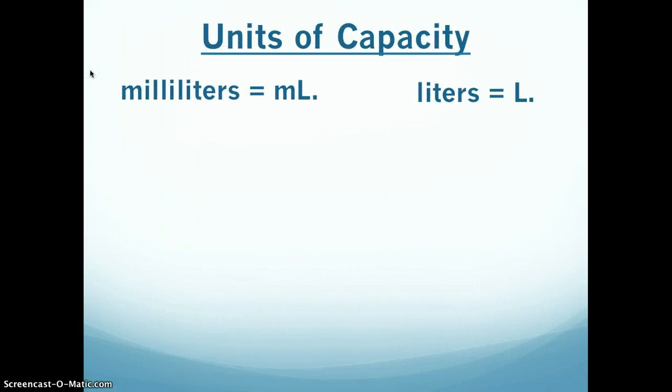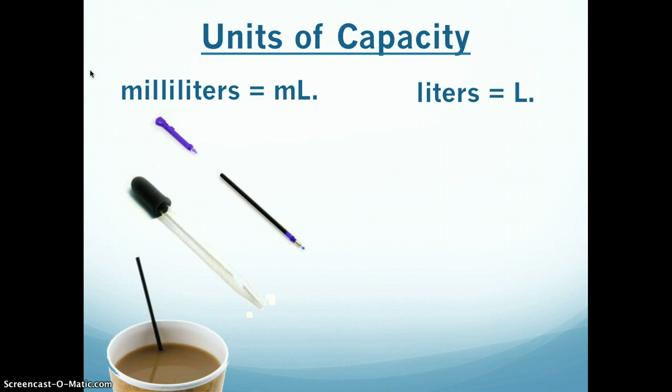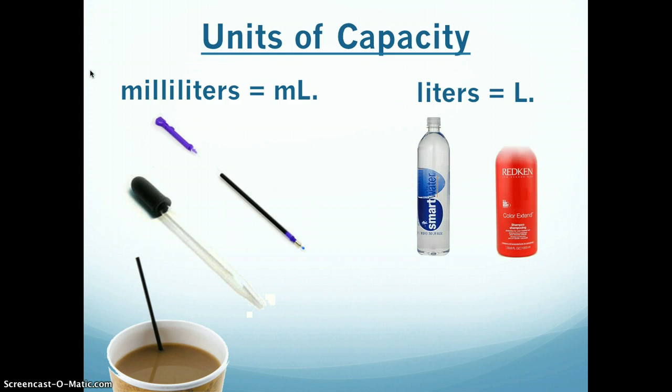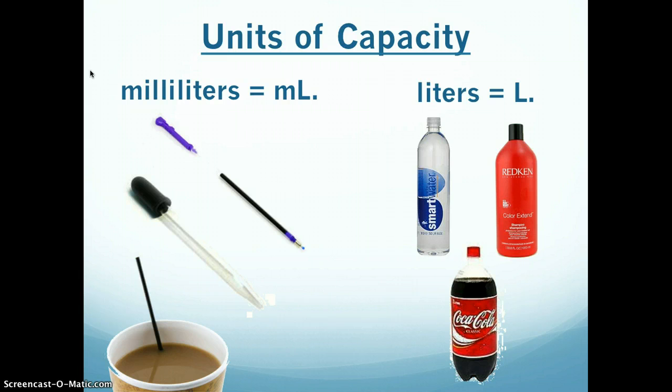Milliliters are much smaller than a liter. A milliliter is about the amount of ink in a pen or an eyedropper, or not in that cup of coffee, but about the amount of liquid that a straw could hold. A liter, however, is much larger. It's about the size of a large water bottle or shampoo bottle, and it's half of a large 2-liter bottle of soda.